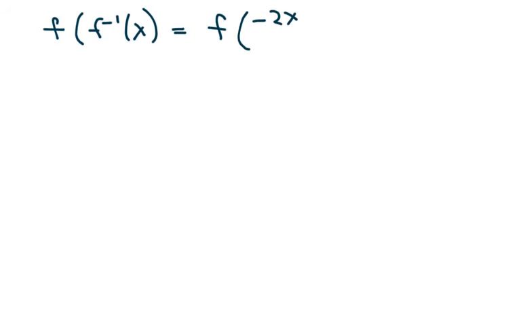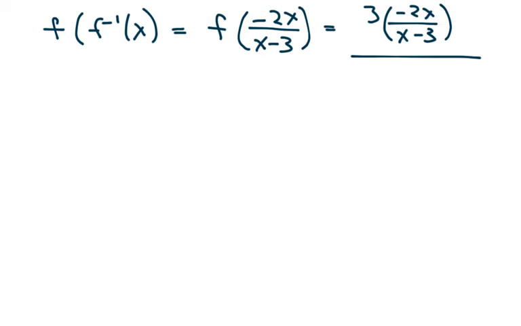So basically we're going to verify that f composed with f inverse of x equals f of -2x over x minus 3, which equals 3 times -2x over x minus 3, all over -2x over x minus 3, plus 2.